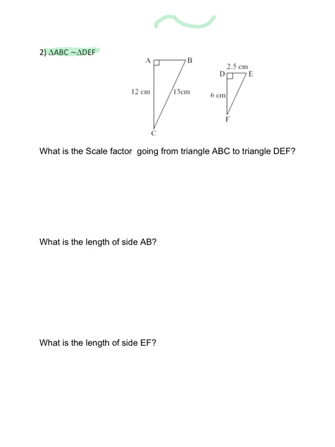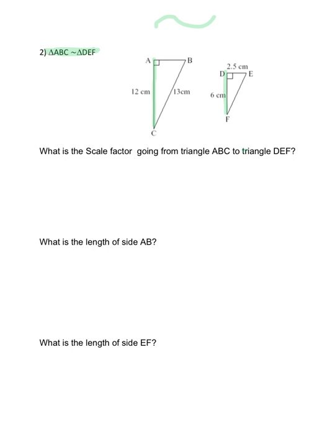Remember, to find the scale factor, we have to set up a ratio of one side to the other corresponding side. We have triangle ABC, and side length AC is 12 centimeters. Its corresponding side would be DF, which is 6 centimeters. Now we have to be careful. It's asking for the scale factor going from triangle ABC to triangle DEF.